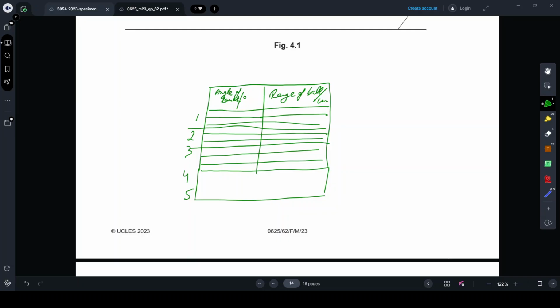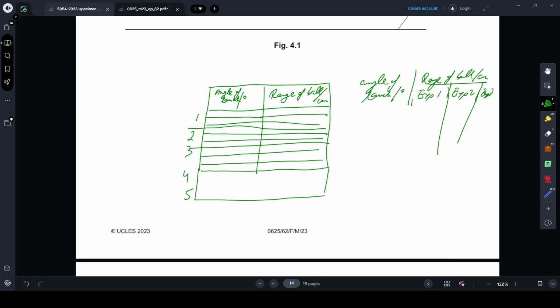Yeah, you could do that as well, right? So you could get angle of launch, draw, and then range of ball in centimeters, and you could do experiment 1, experiment 2, experiment 3.